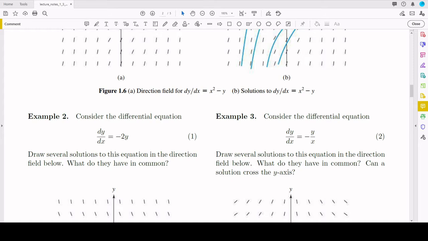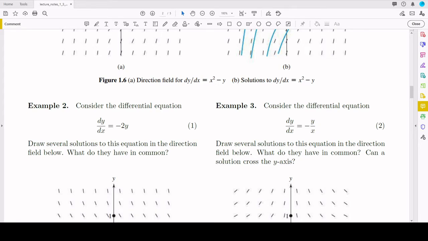So now let's consider the differential equation dy dx equals negative 2y. So this is a differential equation where the function on the right hand side, f of x y, is equal to negative 2y. So the value of that function does not depend on x.